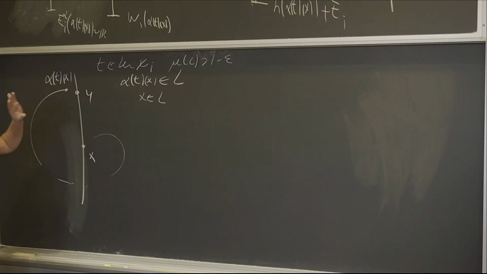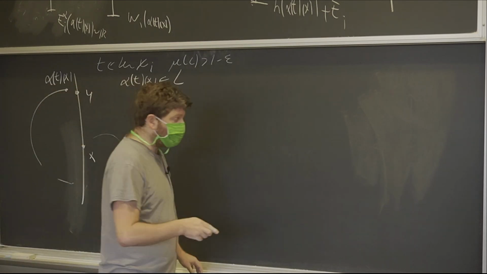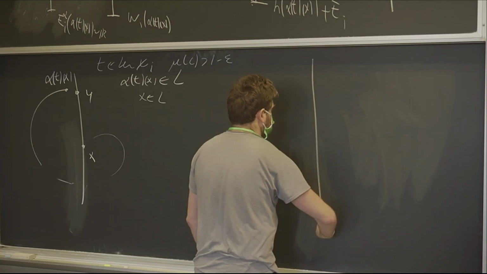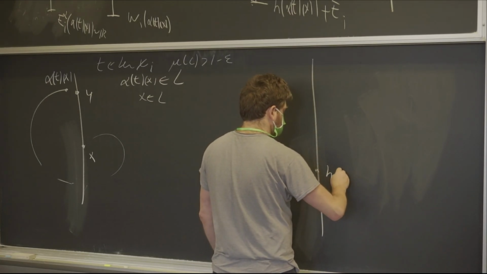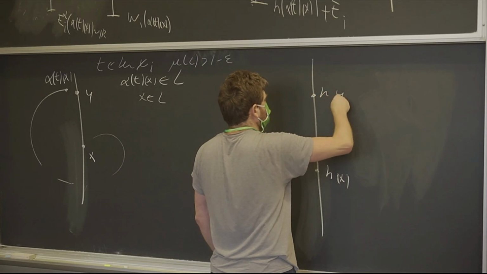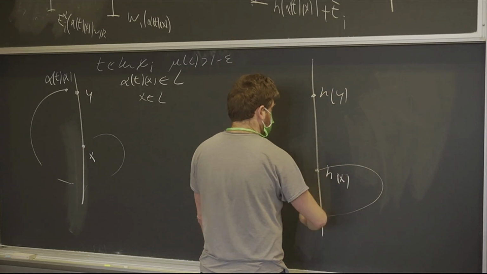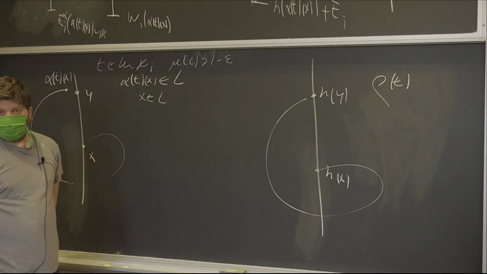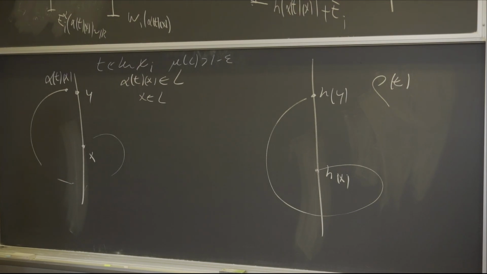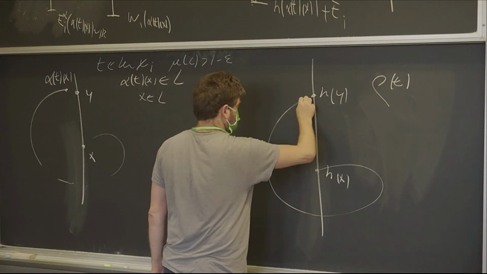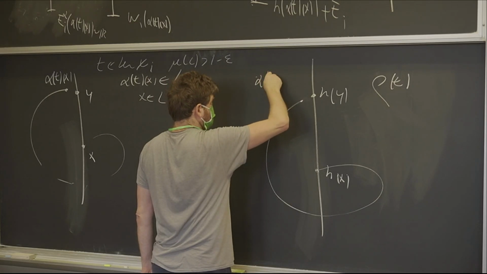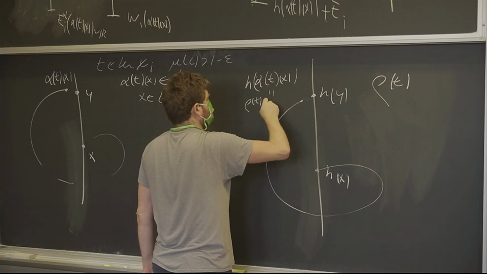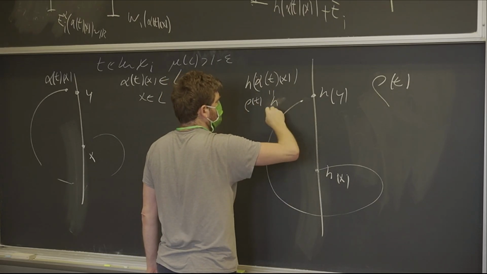Okay? Now, while I do this job, I can just go and look at what happens for the linear. I take actually h of x here, h of y here. I take rho of t. The very same rho of t. And here will be h of alpha t of x, which is rho t of h of x.